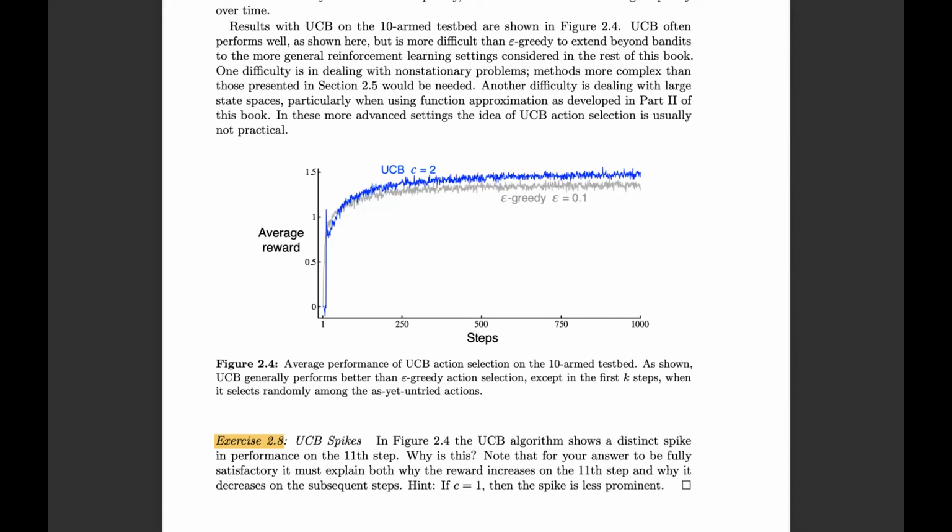So the accumulation will be large, but after the 10th step, most probably the 11th one might have an action that it explored that might not be optimal. So that's the reason why.